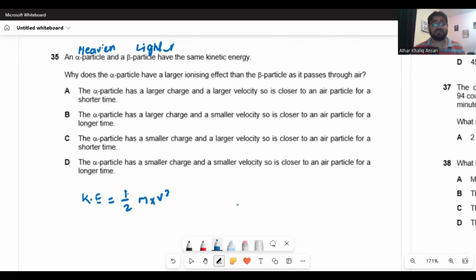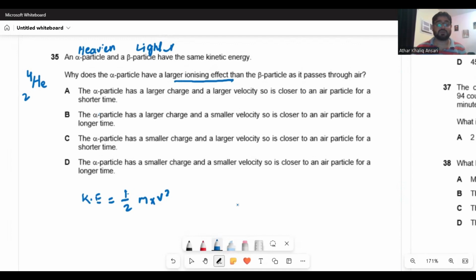So why does the alpha particle have a larger ionizing effect than the beta? The alpha particle has a large charge because, as I told you, it is a helium nucleus, 2He4. An electron is just one electron, whereas the alpha has two protons and two neutrons, so it is heavier.